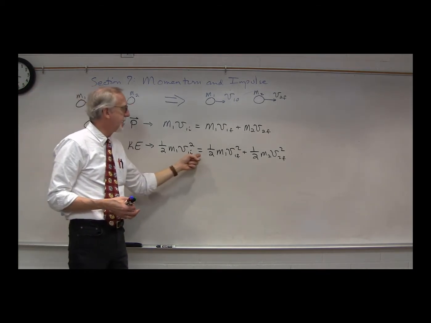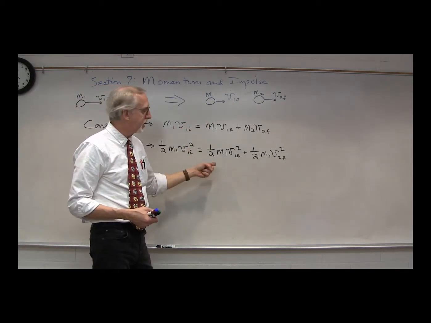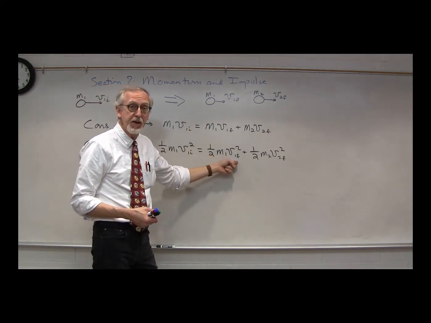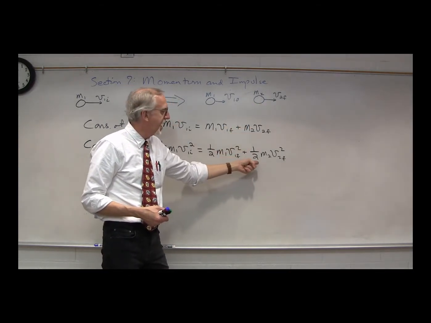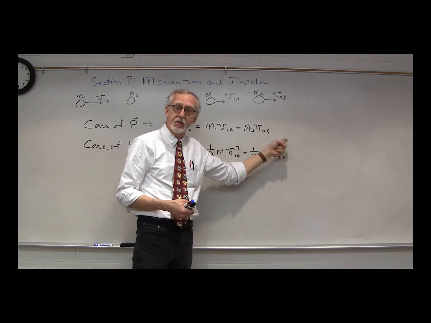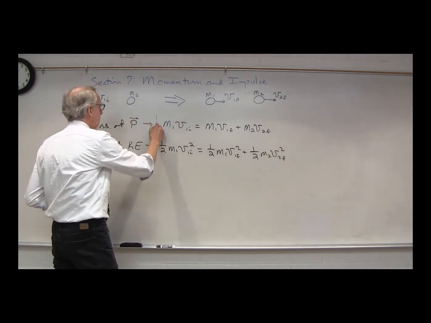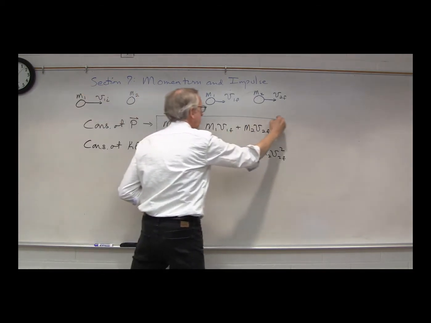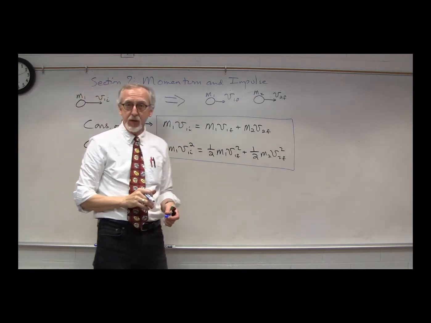So the initial kinetic energy equals the final kinetic energy, which is the kinetic energy of object 1, 1/2 m1 v1 final squared, plus the final kinetic energy of object 2, 1/2 m2 v2 final squared. So we've got these two equations that relate these quantities that we have.